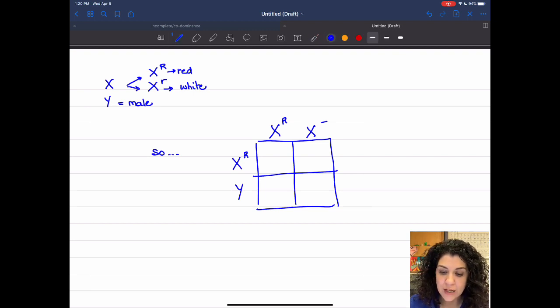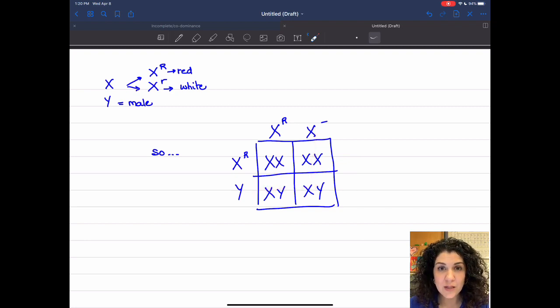So then when he had the cross, he had females and males come out of that cross. You can see that by doing X with X, X with X, X with Y, and X with Y. Now you can see why the probability of having a male or a female is 50%.